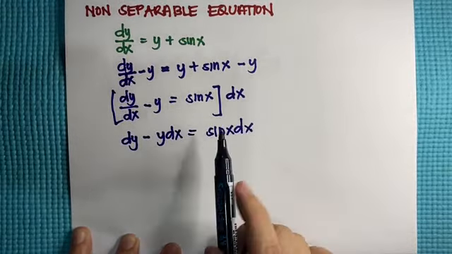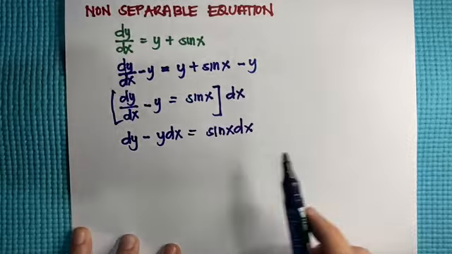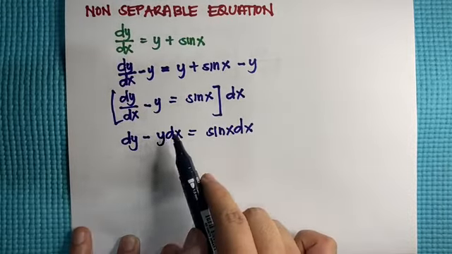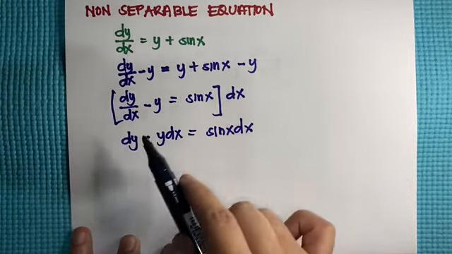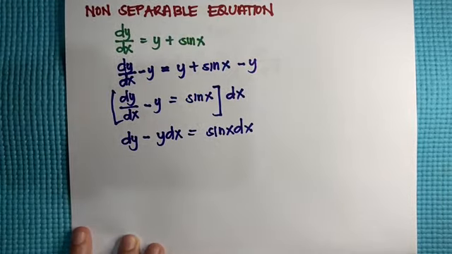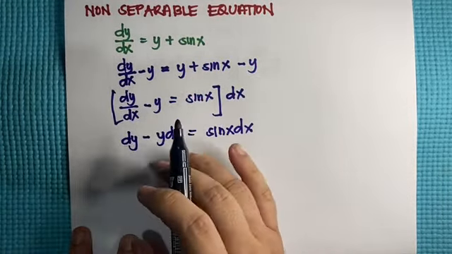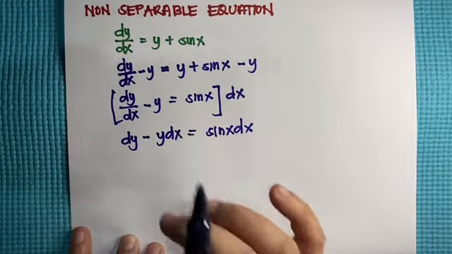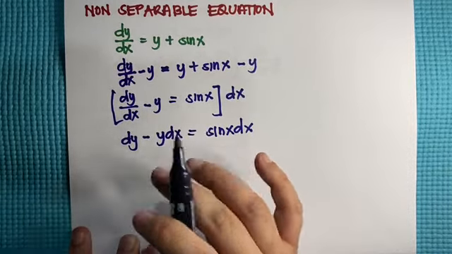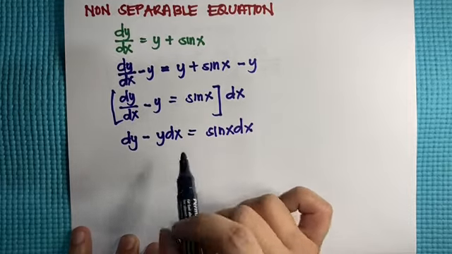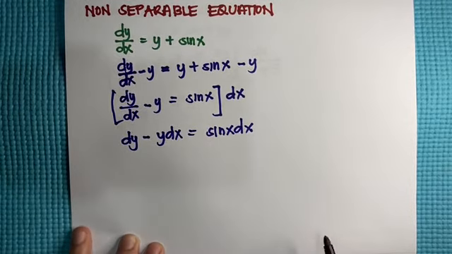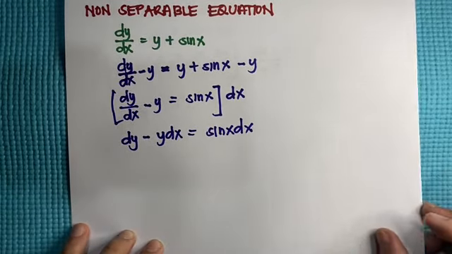As you can see here, on the right side everything is a function of x, and the left hand side is the one that we are having a problem with. We cannot remove dx on the left hand side, making this a differential equation which cannot be resolved using a separable equation.